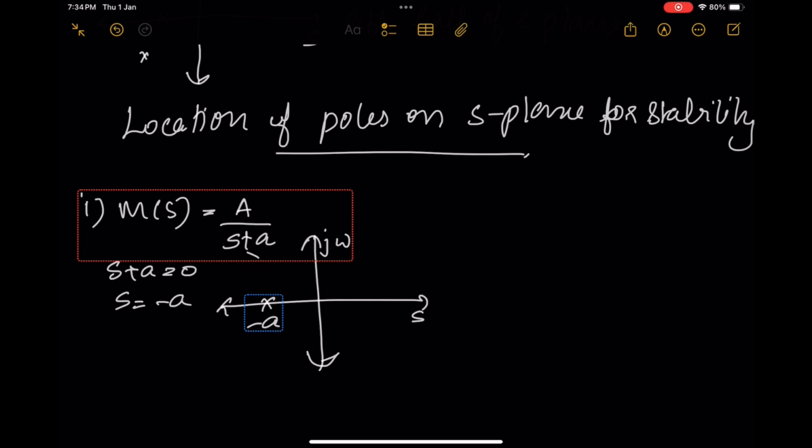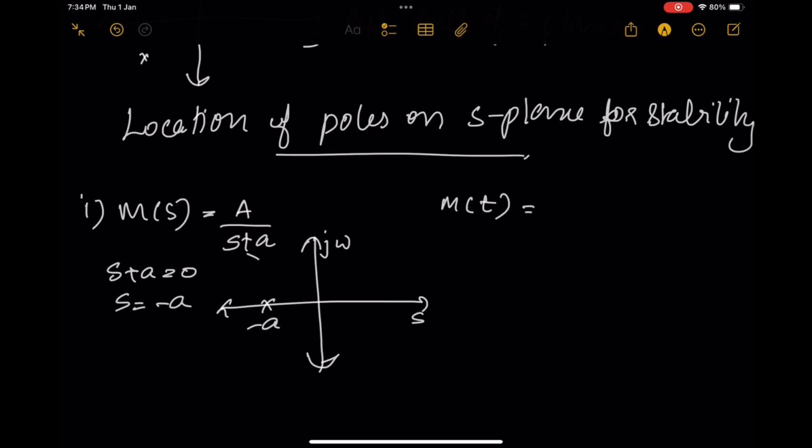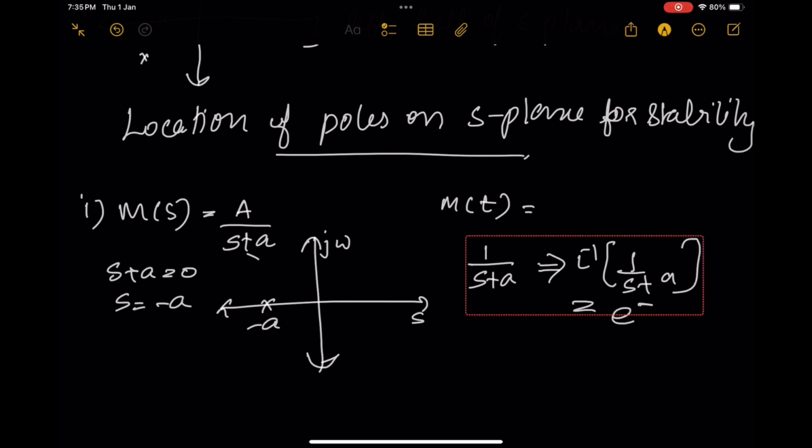Next, I'm going to show you how this equation forms a graph. For that I'm going to write the Laplace inverse of the given equation. The equation is a by s plus a, so the Laplace inverse of 1 by s plus a will be e raised to minus at.